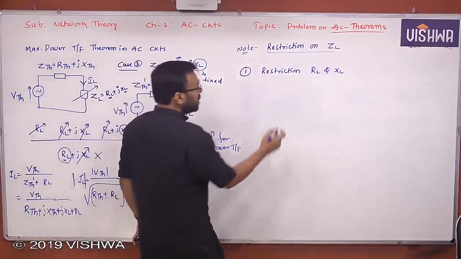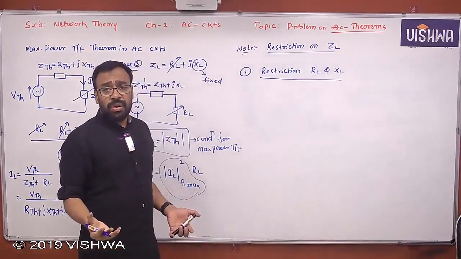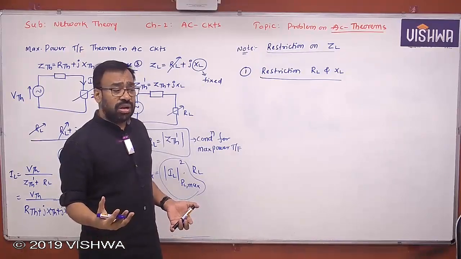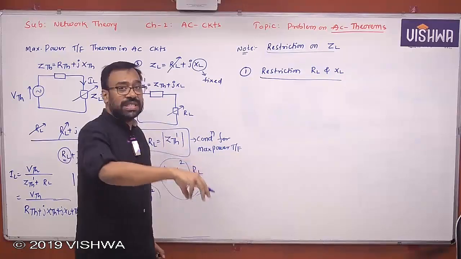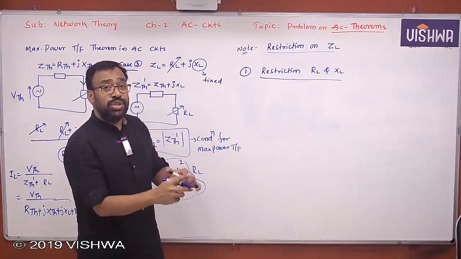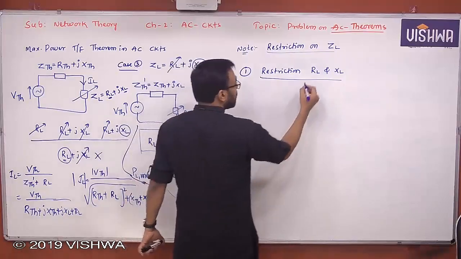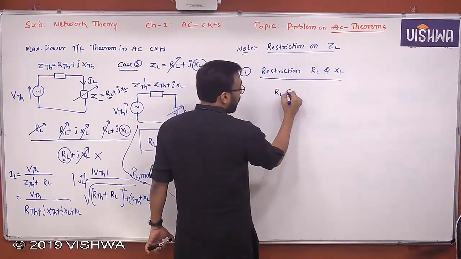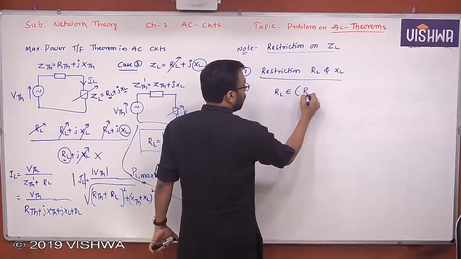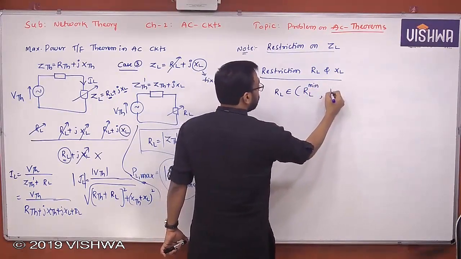Okay. So since RL and XL both are variable, you first apply the restriction on XL. That means you set first XL, based on which you set now RL. Actually, the restriction on RL is given as RL belongs to RL minimum to RL maximum.